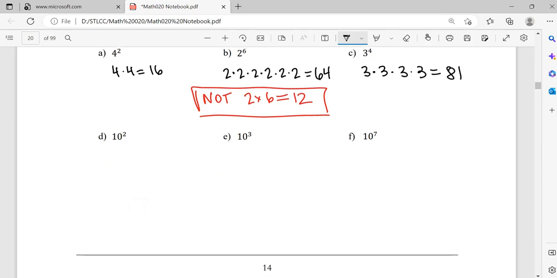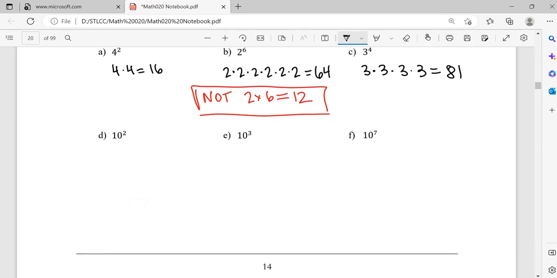Now the tens. The next series of problems are going to deal with tens. Tens are pretty easy because of the zeros. So 10 to the power of 2 means 10 times 10, which is 100. 10 to the power of 3 would be 10 times 10 times 10, which is 1,000. And then 10 to the power of 7.